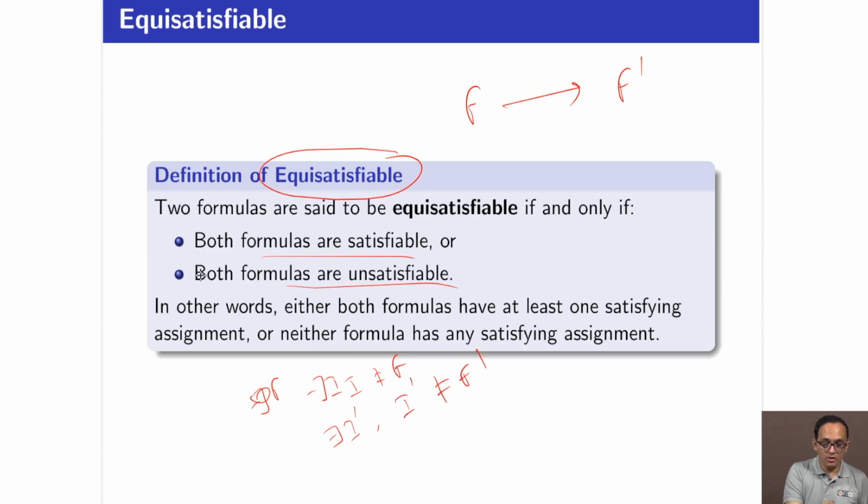So both being satisfiable means there is some input for which f is true and some input for which f dash is true, but it need not be the same input. Similarly, if f is unsatisfiable, there does not exist any input under which the formula is true, and the same goes for f dash as well.